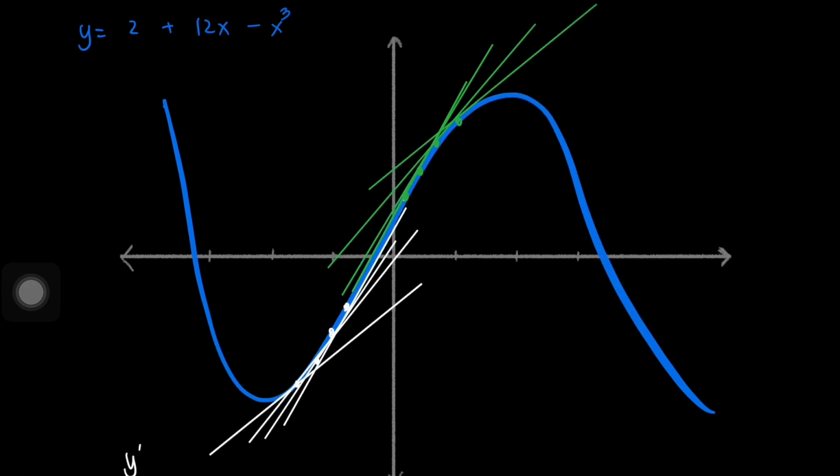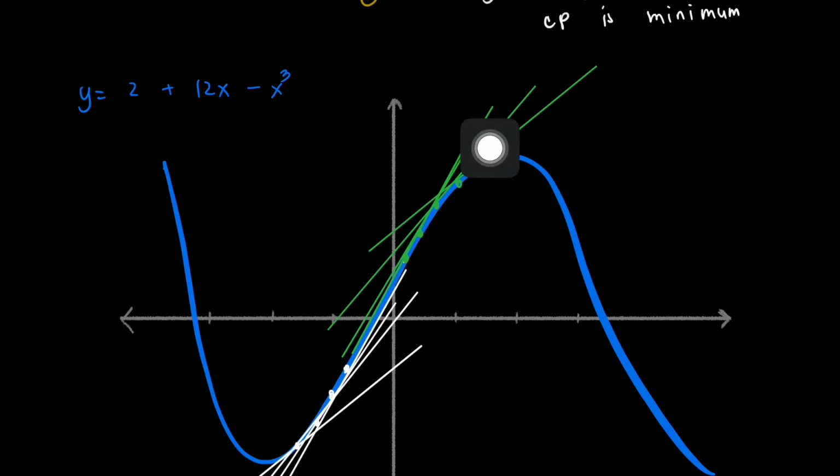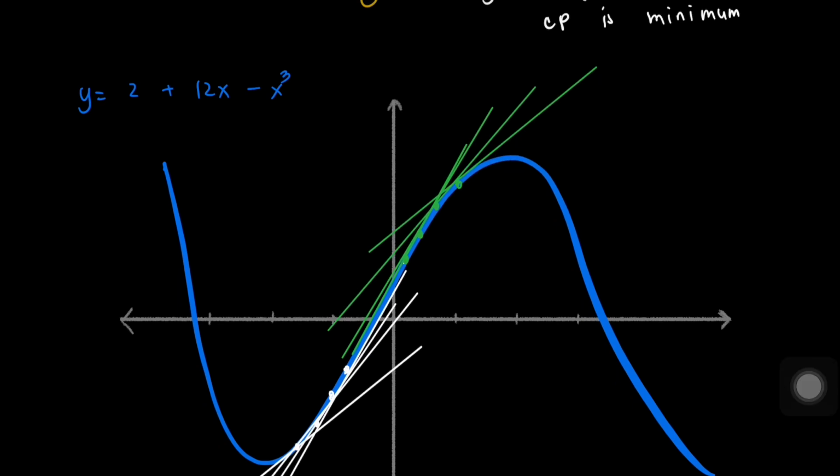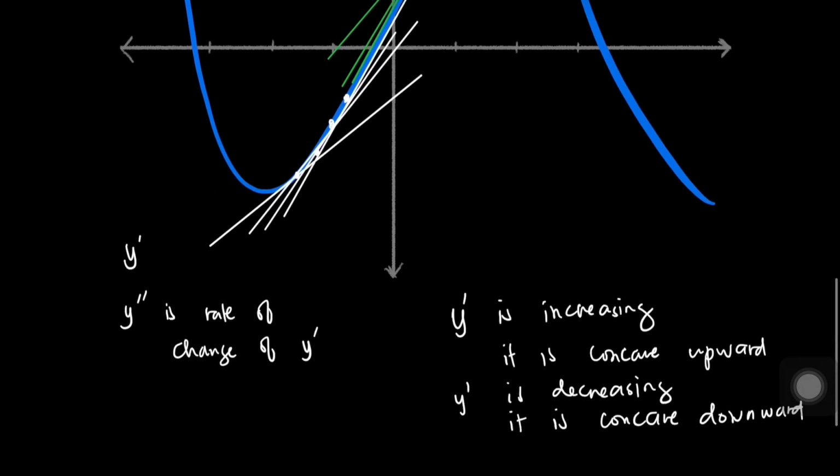Now, you can see that in this region, as x increases, the slope of the tangent line decreases. And if the slope, which is equal to y prime, decreases, then the graph is concave downward.